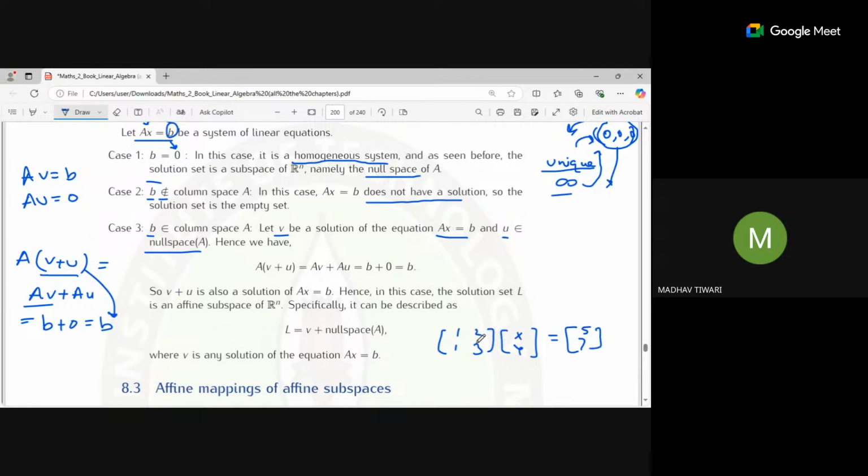So what you can write is that 5 comma 7 belongs to its column space, meaning 1 times the first column plus 2 times the second column will form the 5 and 7. This is the unique solution, 1 and 2. So x value is 1, y value is 2.